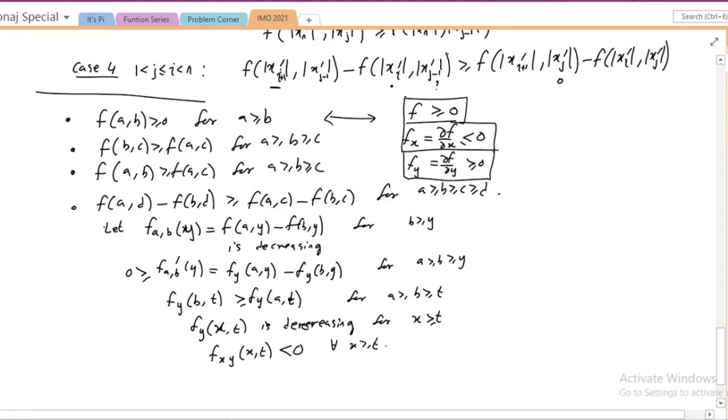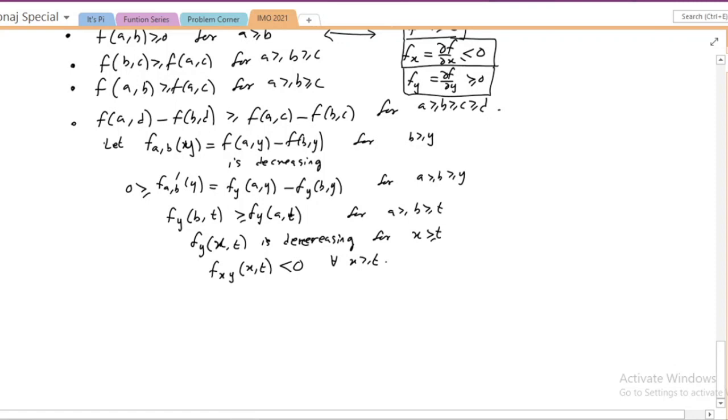Normally x is greater than or equal to t, so this just simply means in the values where the function is defined, this is negative, so we get fxy, which is this. Doesn't matter which one you actually take first, you could arrive at the same conclusion. So this doesn't have to be strict.